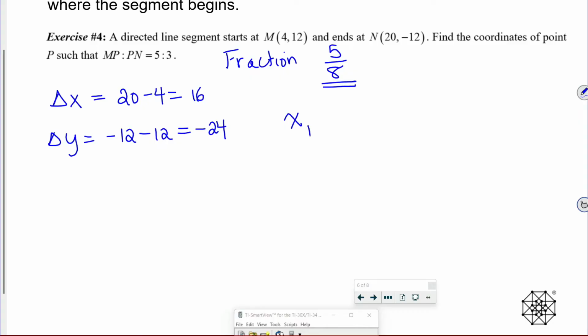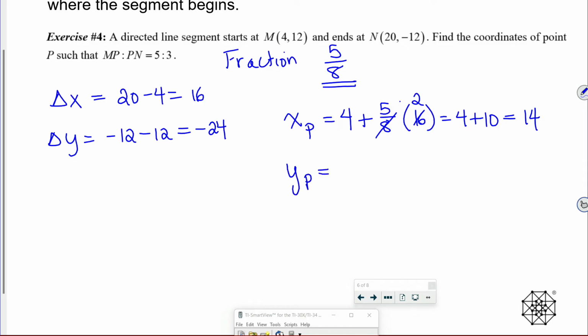So my x-coordinate of partition will be my starting x plus 5/8 of my change in x. All right, 8 goes into 16 2 times, so I'll get 4 plus 10, and that will give me an x-coordinate of 14. The y-coordinate of my partition point will be my starting y point plus 5/8 of the change in y, which is -24. 8 goes into -24, -3 times.